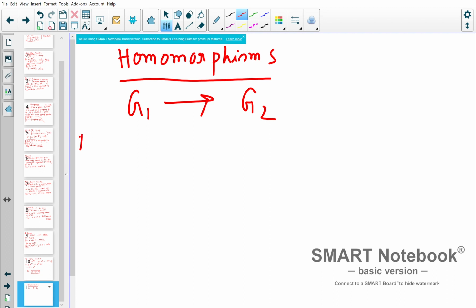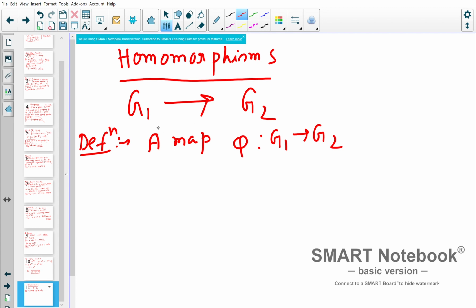So, the definition. A map, say phi, from G1 to G2. When I'm saying that, I'm not assuming that G1 and G2 have the same operation.